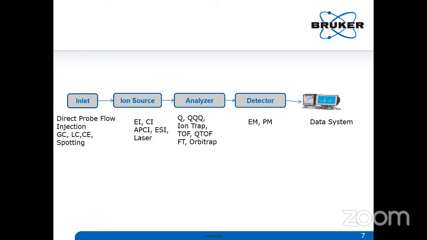Using different ion sources, you will charge your molecules completely and evaporate the solvents. Only your charged ions will enter into the analyzer. The ion source is the part where you select the kind of ion source depending upon your sample.